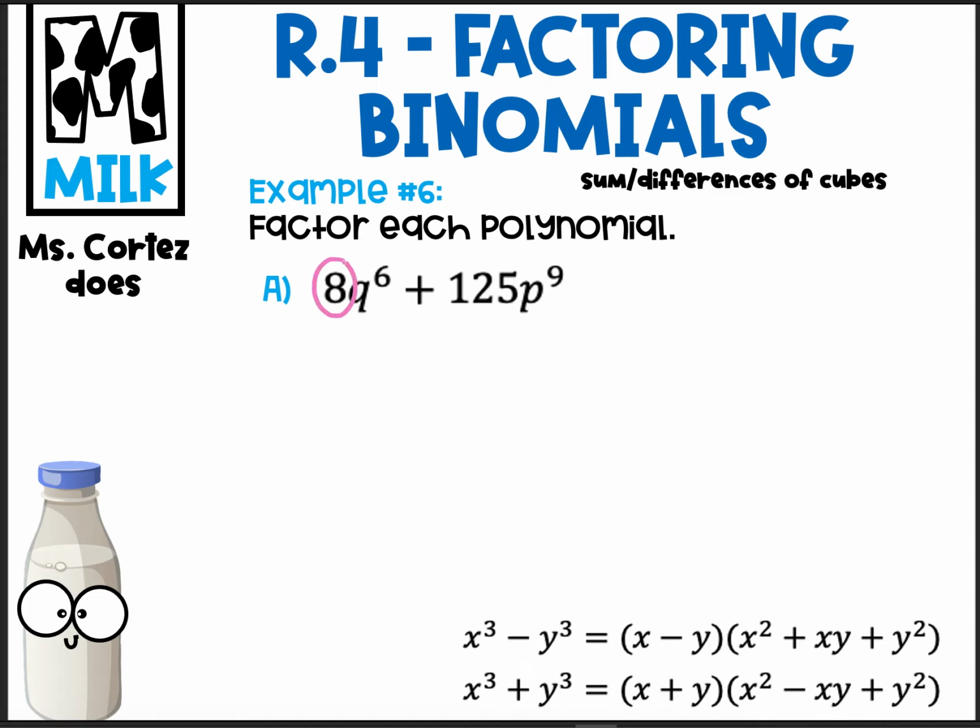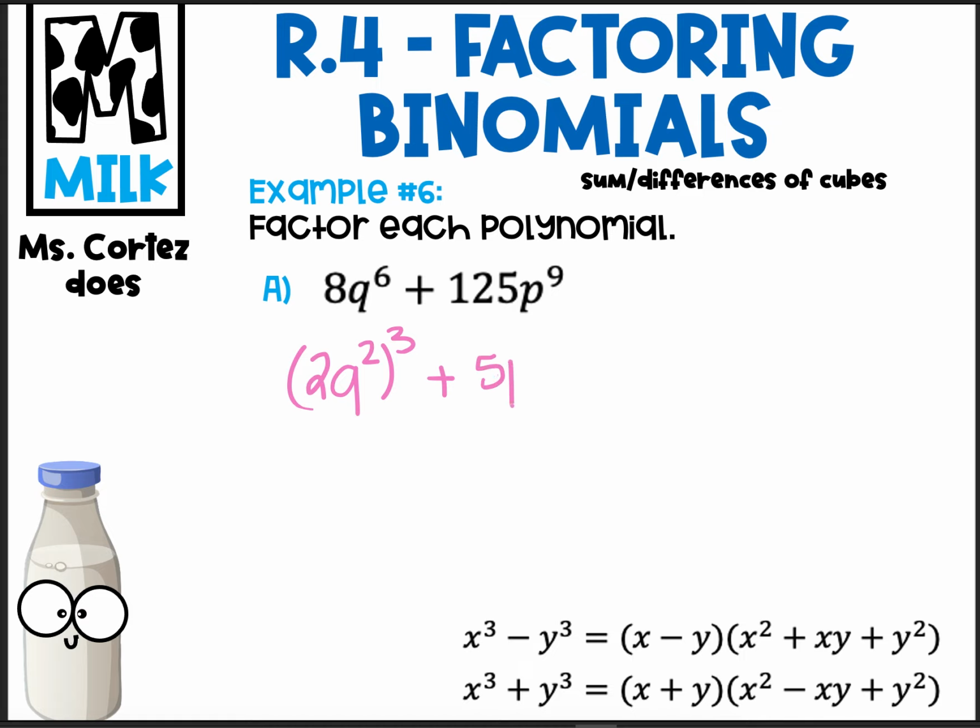I don't expect you to know all of your cubes by heart, but this 8 is 2 to the 3rd power, and I can write q to the 6th as q squared to the 3rd power. 125 is 5 cubed, 5 times 5 times 5.